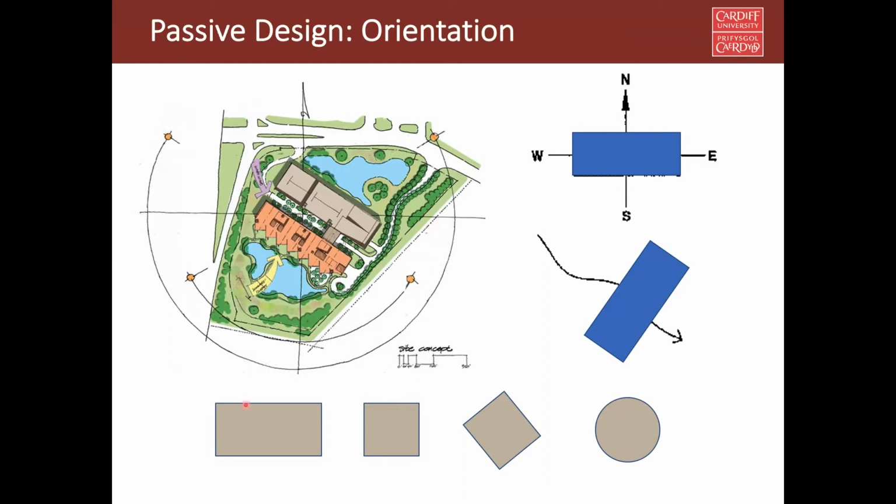And another very key important variable is the shape of the building. Shape optimization is so important. I'll show it later. You could have a round shape, you can have a square, you can have a circle, you can have so many different shapes, but which is the most optimized shape for that specific site needs to be determined either by computer simulation or by hand.